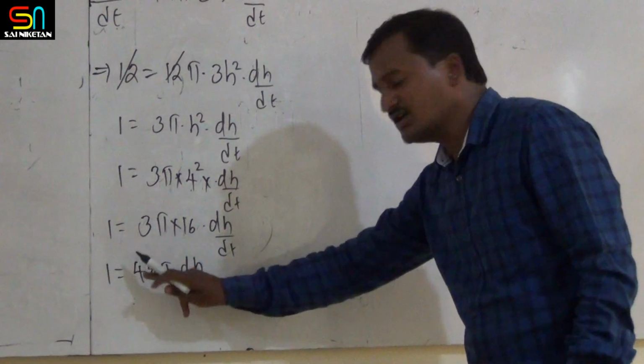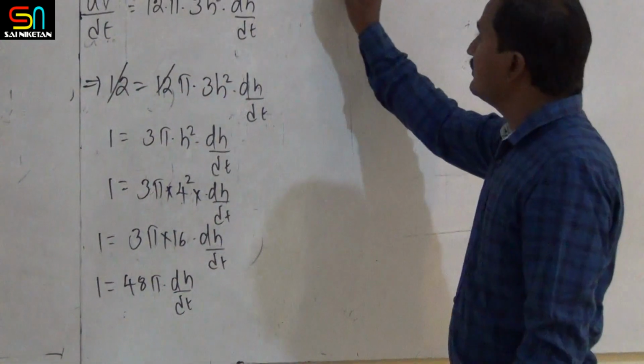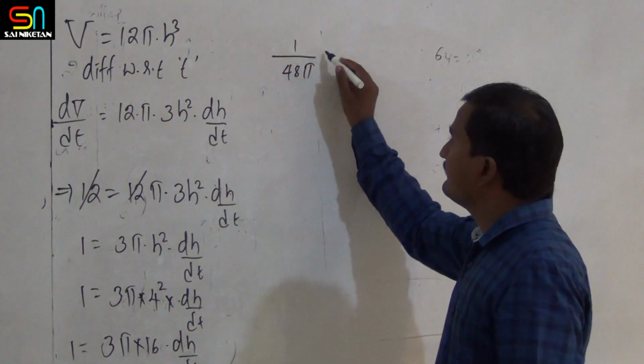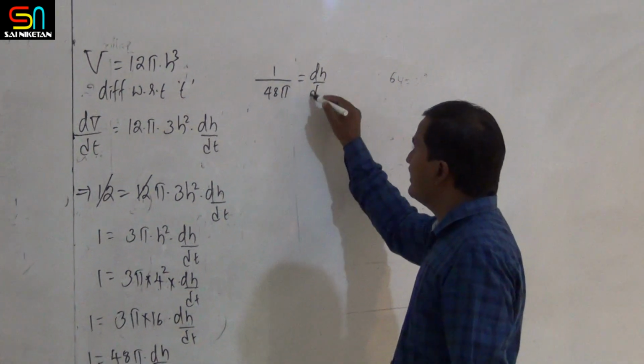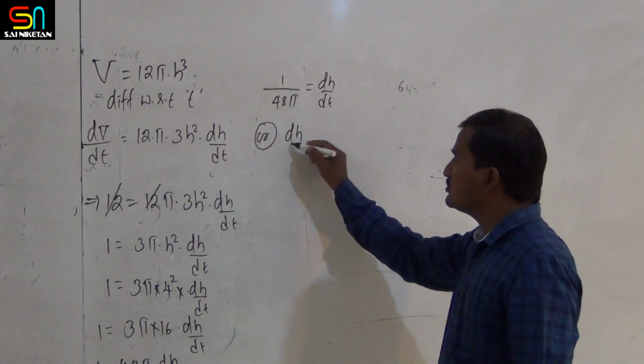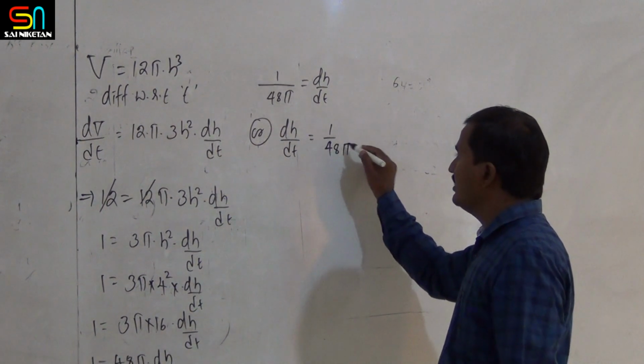Just send this 48 pi to this side. So clearly what you are getting is 1 divided by 48 pi is equal to dh by dt. Otherwise I will write like this: dh by dt is equal to 1 divided by 48 pi.